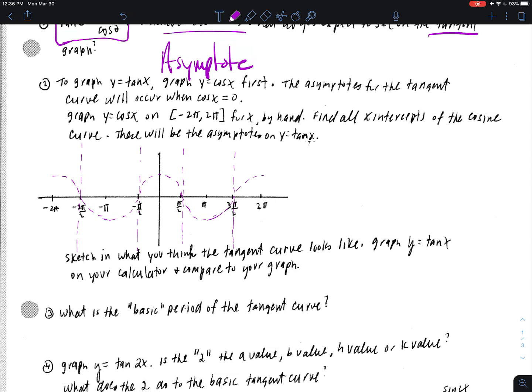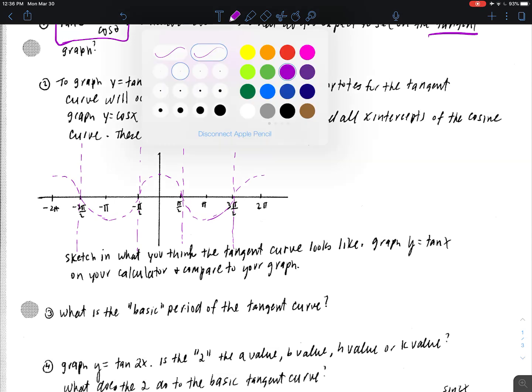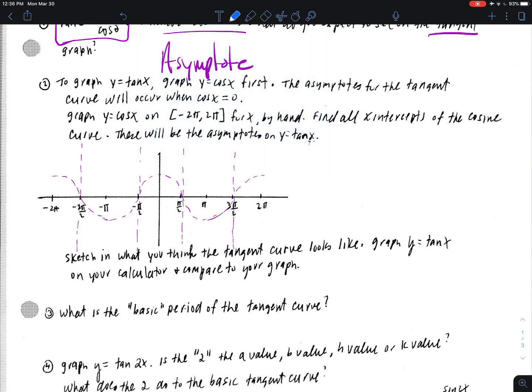Outside of that, you can play around with plugging in some values, but finding what the tangent graph looks like: if you think of this being 0 and pi over 2, this is Q1. From pi over 2 to pi, that's Q2, this is Q3, and Q4.